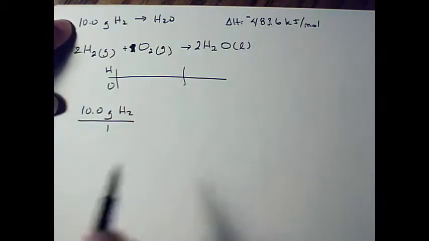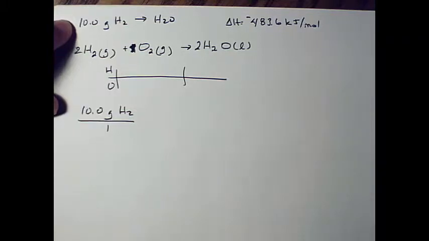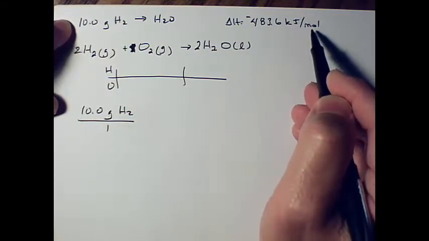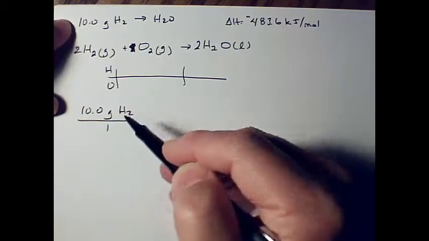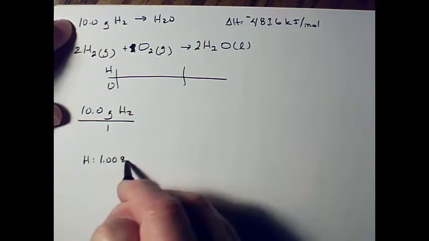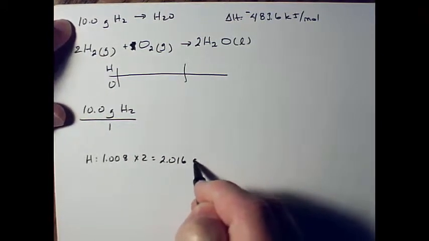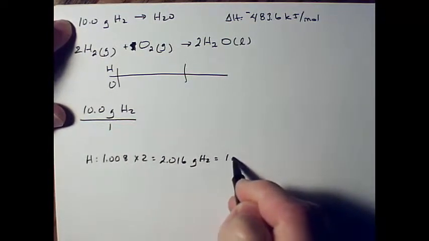Doesn't really matter, I suppose, in the long run, but the way I've taught you to do this is to convert this into moles. So we have 2 hydrogens, 1.008 times 2, 2.016 grams of H2 equals 1 mole of H2.